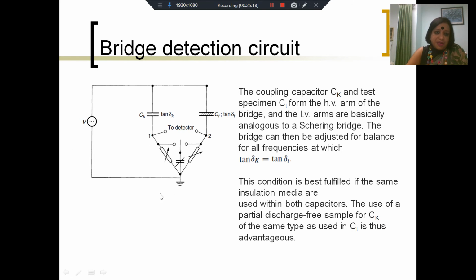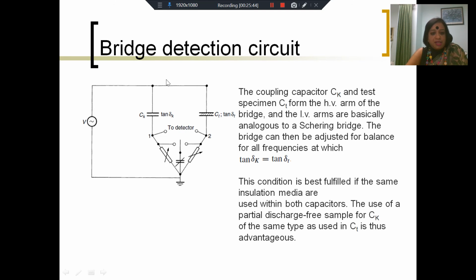This is the basic principle of the bridge detection circuit used in PD measurement. You have the voltage as before, the coupling capacitor here, the test specimen here, and the rest of the circuit is now modified to form a bridge. The coupling capacitor CK and the test specimen CT form the high voltage arm of the bridge, and the low voltage arms are very similar to the Schering bridge which we will study later.